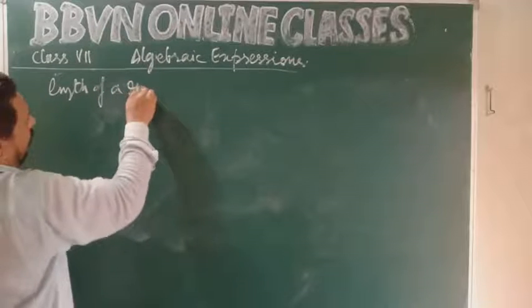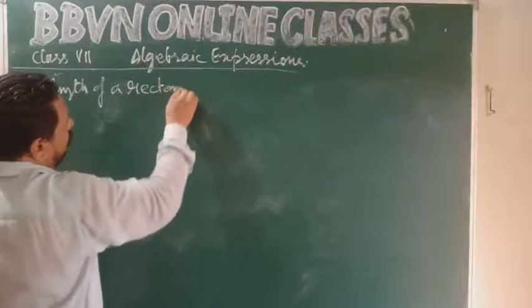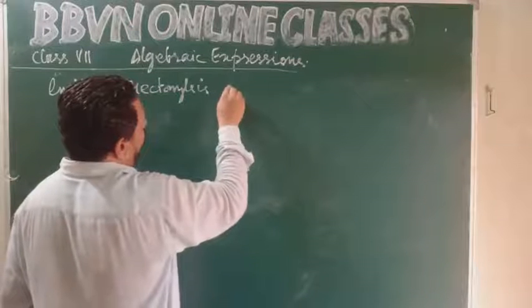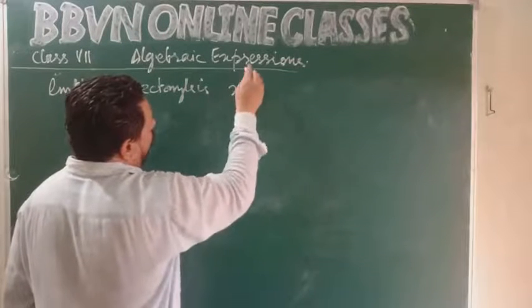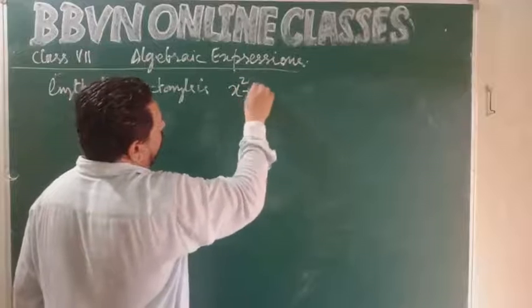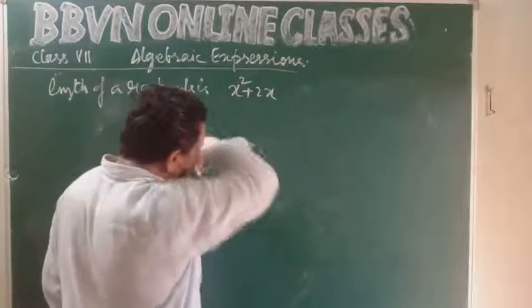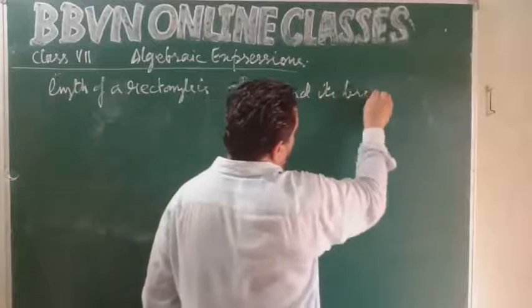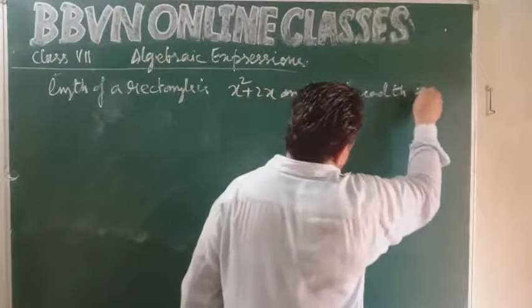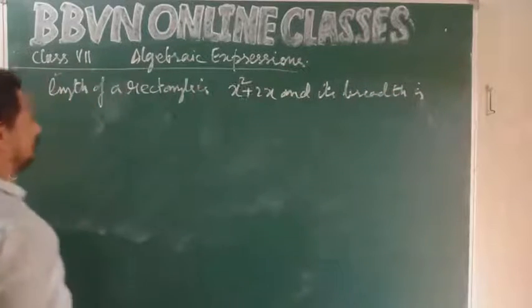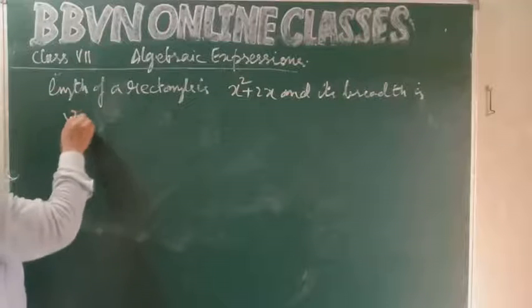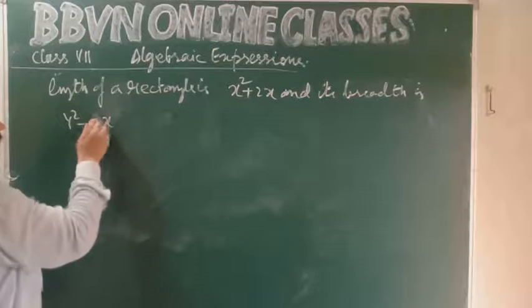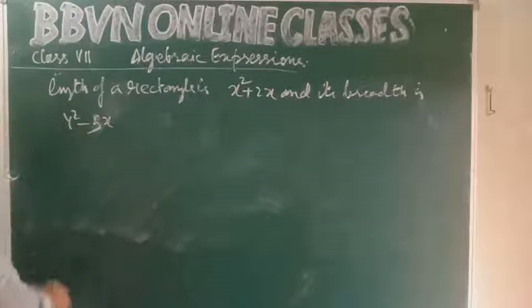Length of a rectangle is x square plus 2x and its breadth is y square minus 5x.